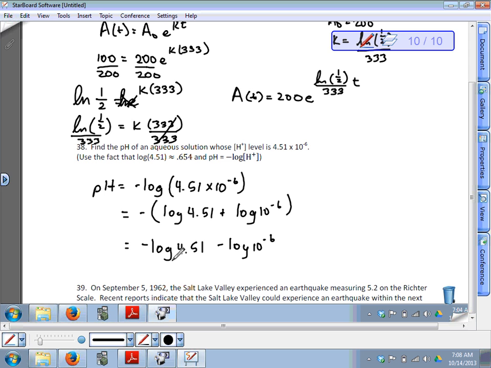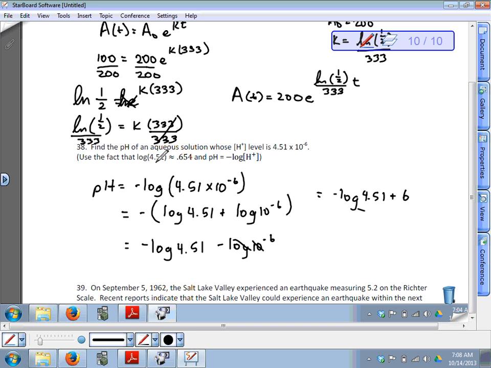Now these are common logarithms, they have a base of 10. This log base 10 is going to cancel with that base 10, leaving a negative 6. But if you subtract a negative 6, that becomes a plus 6. So what we have now is negative log 4.51 plus 6.